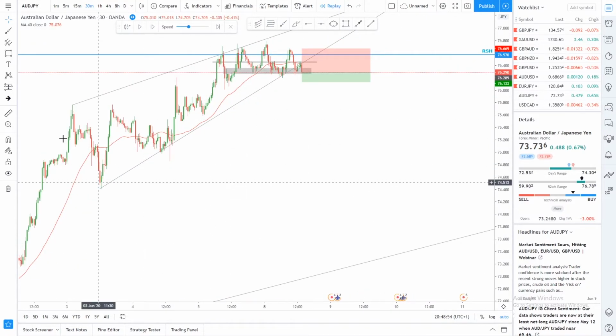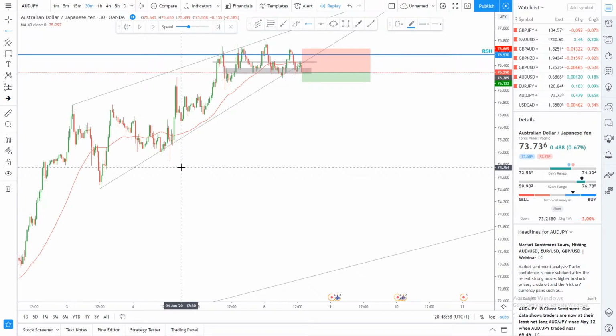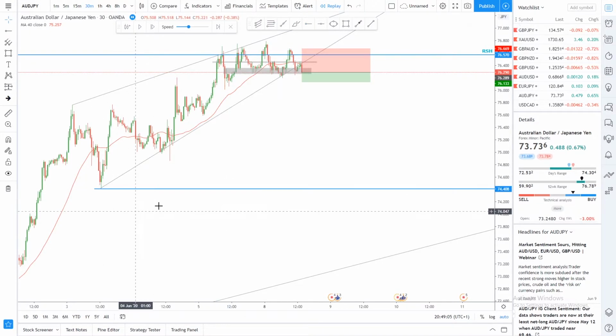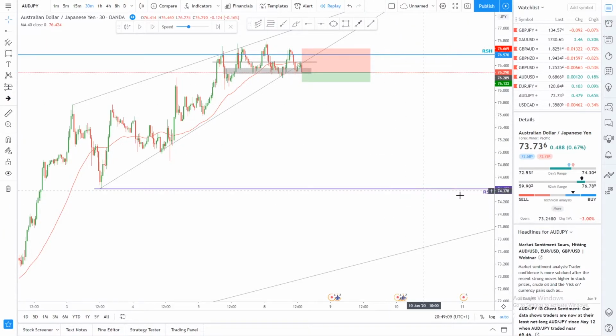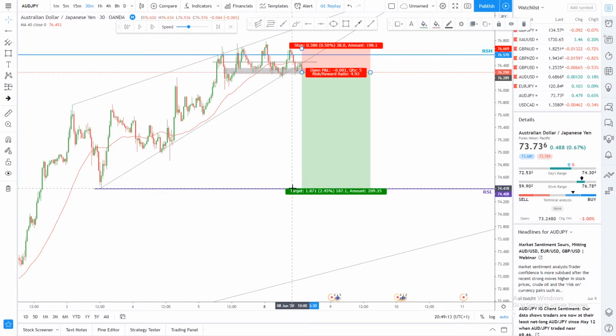For our take profit, I specifically like targeting recent significant levels, and the recent significant level I see is down at this wick. So I have a recent significant low, and I put my TP down here.